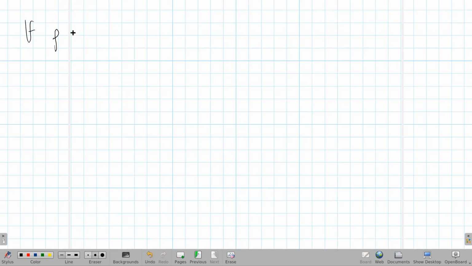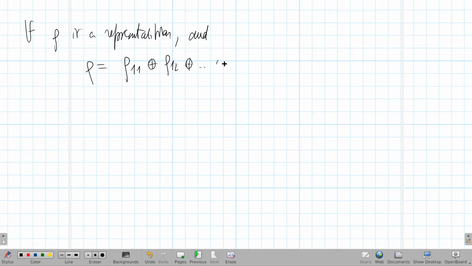If rho is a representation, and we write it as a direct sum of irreducible representations, rho is equal to rho 1,1 plus rho 1,2 plus and so on up to rho 1,n1, plus rho 2,1 plus, and so on, plus rho 2,n2, and so on.